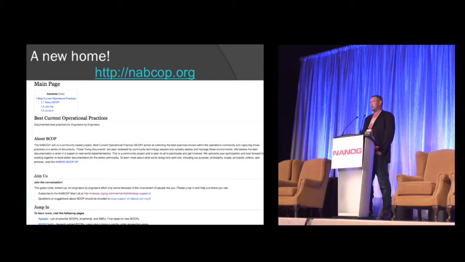It turns out that effort actually is good timing, as we've really done a lot of work on global coordination and trying to put this into a single place. But for now, we have a regional site called nabcop.org where you can find current ratified best current operational practices, things that are in progress, and a list of things that are to be picked up by subject matter experts and documented.